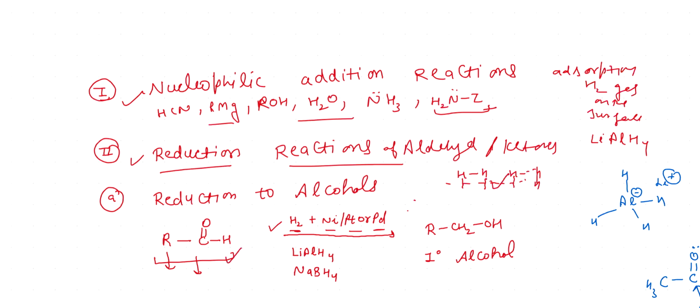So upon its reaction with the aldehyde, it gives a primary alcohol. It means one hydrogen is added to this carbon and the second hydrogen is added to this oxygen, and there is formation of a bond between oxygen and hydrogen and between this carbon and hydrogen. So we get a primary alcohol.